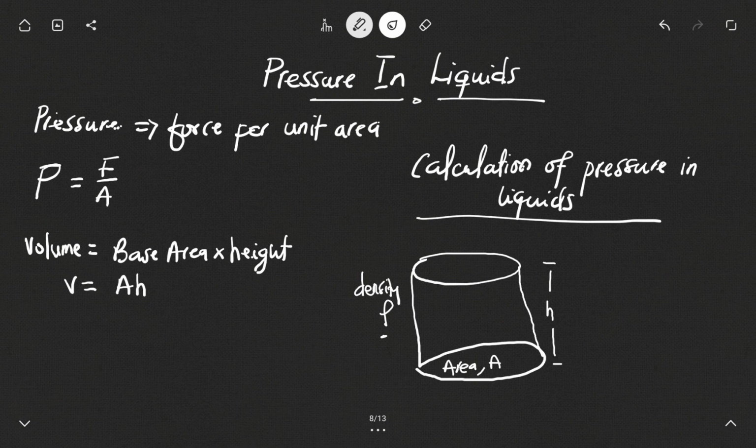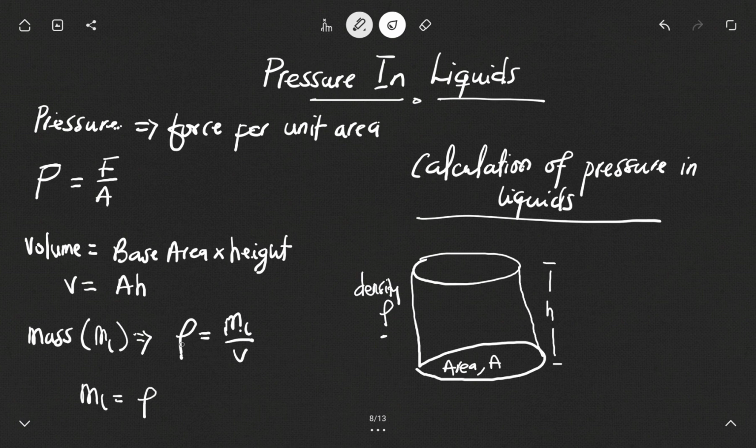All right, now let's look at the mass of the liquid. I'm going to represent this as m_l, that is the mass of the liquid. We can obtain that from the density: density rho is equal to mass over volume. So if we make m_l the subject, we have density multiplied by the volume.